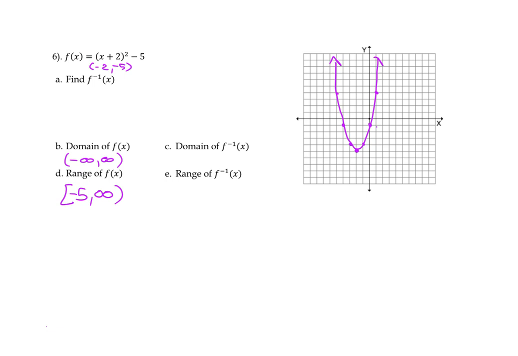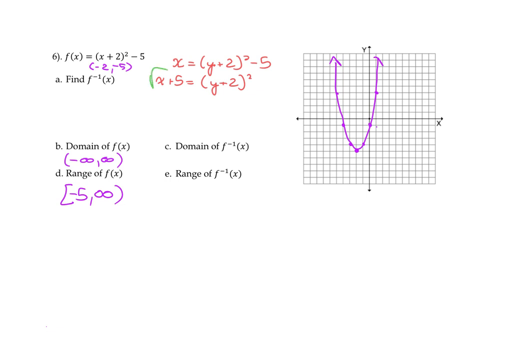Now it says find the inverse. So this is the math we need to do. We're going to switch f of x and we're going to make that x equals y plus 2 squared minus 5. So now we're going to solve for y. So we're going to add 5 to both sides, and get x plus 5. Now to drop this parentheses, I'm going to square root both sides.